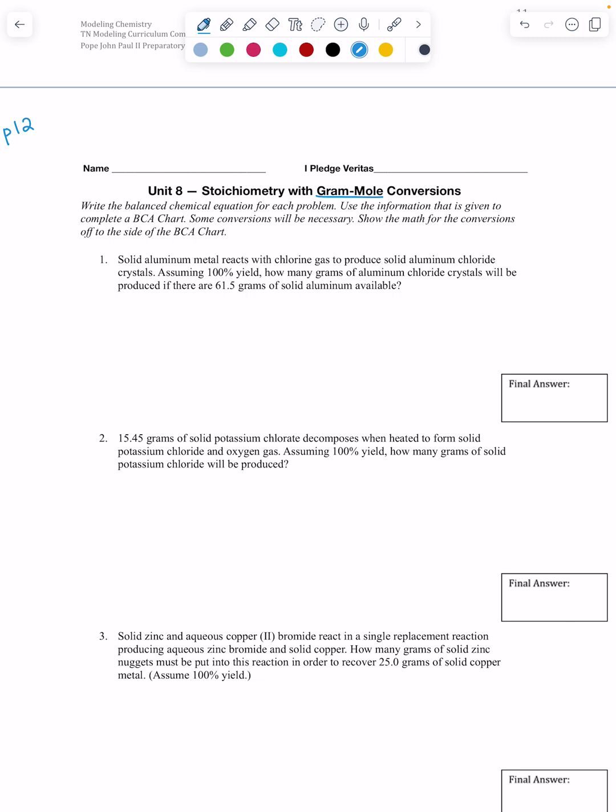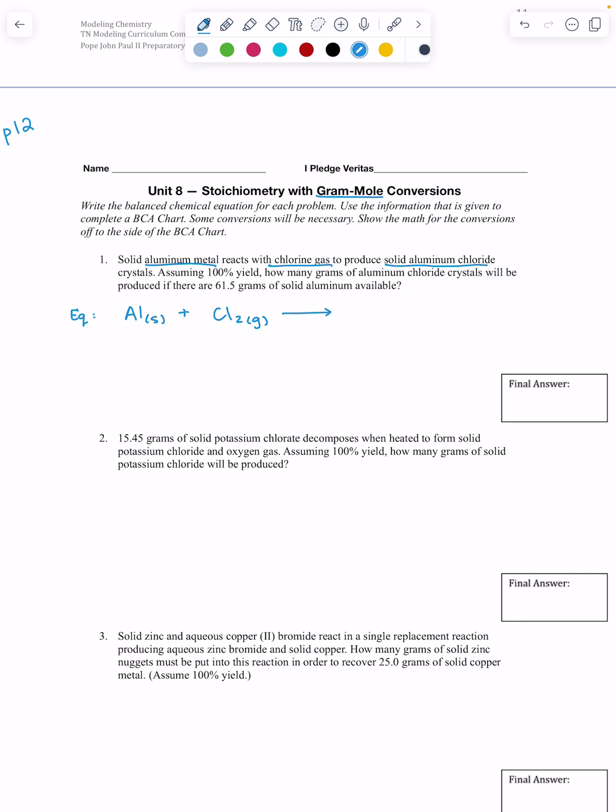Solid aluminum metal reacts with chlorine gas to produce solid aluminum chloride. So let's go ahead and write out our equation. So we have solid aluminum reacting with chlorine gas. And because chlorine gas is a diatomic molecule, we need to have the subscript 2.